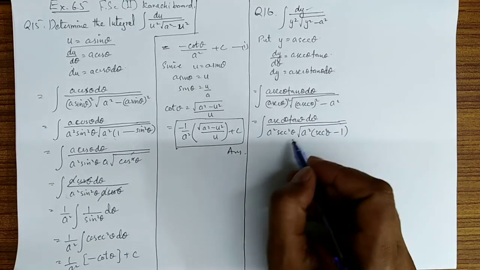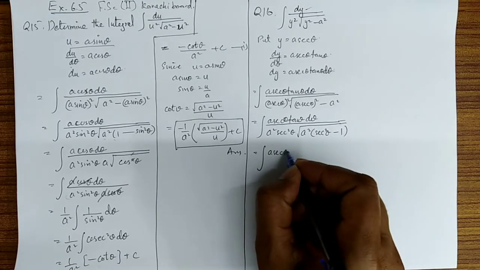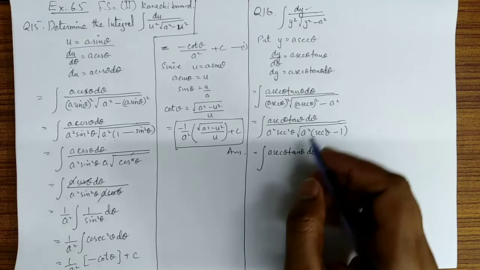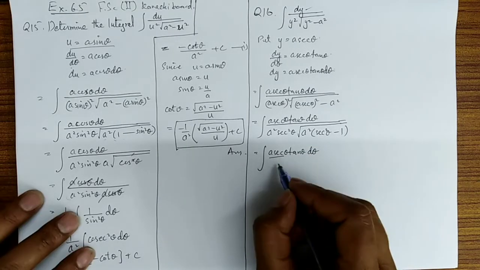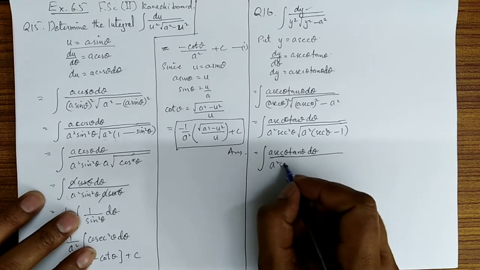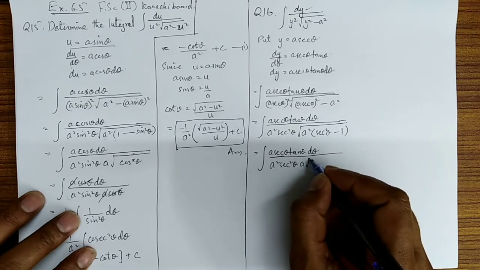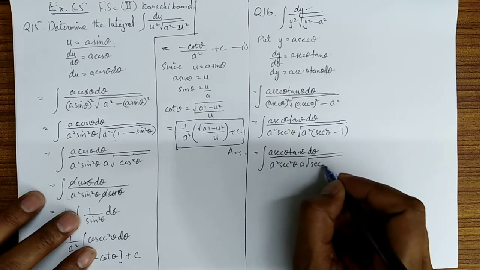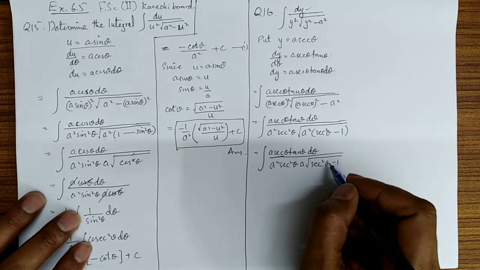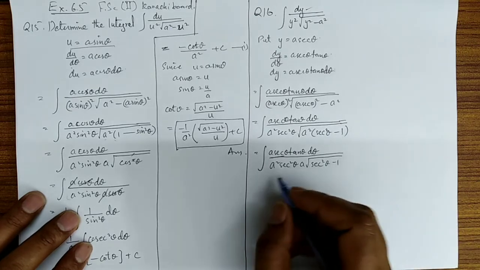Now taking this square outside, sec theta tan theta d theta whole divided by root of a square into (sec square theta minus 1). So sec square theta minus 1 is equal to tan square theta.